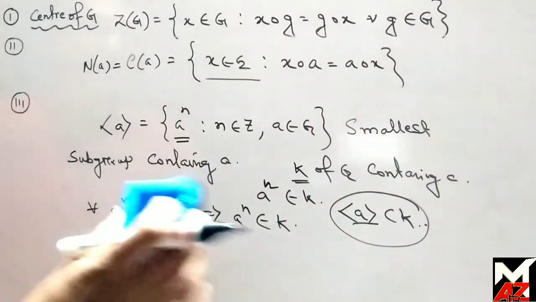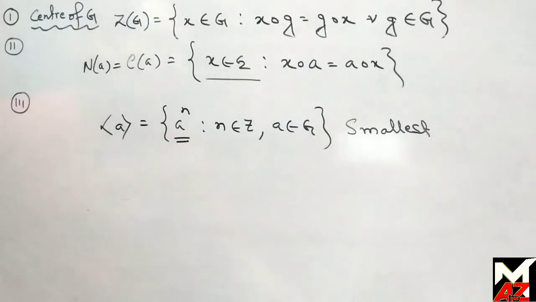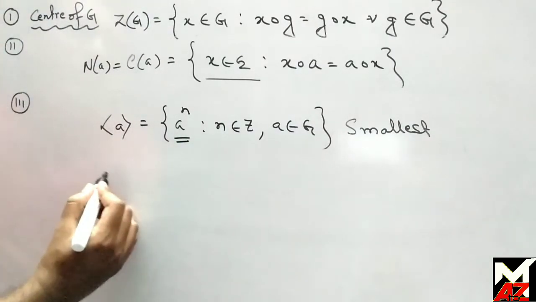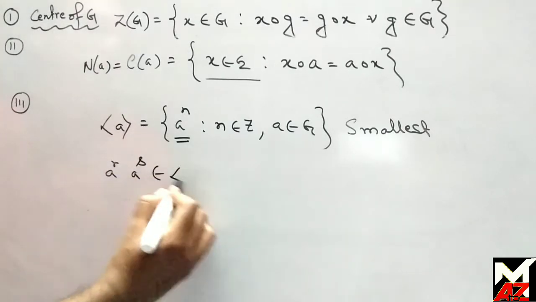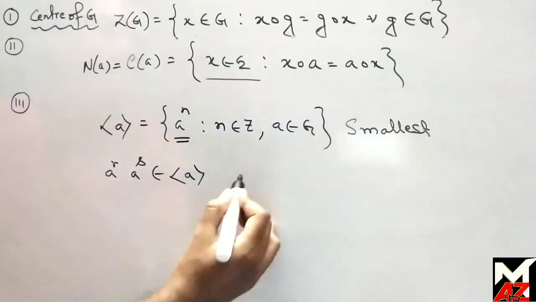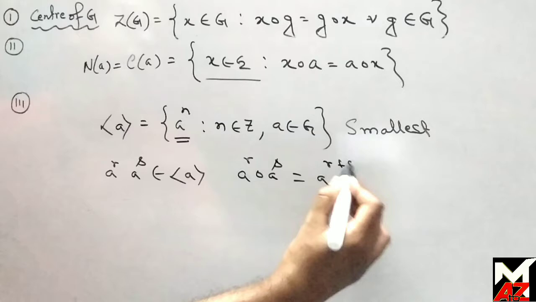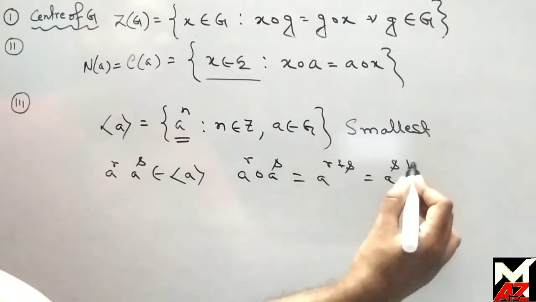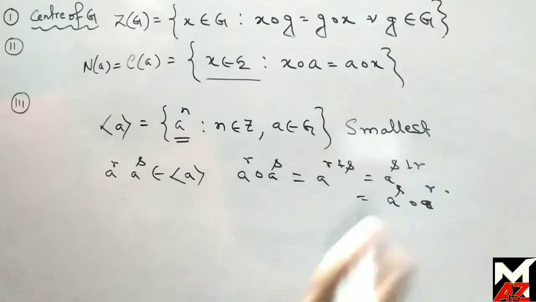And it is easy to see that this subgroup is obviously commutative, because for all a to the power r and a to the power s belonging to this, a to the power r composed with a to the power s is a to the power r plus s, which is a to the power s plus r, and this is a to the power s composed with a to the power r.